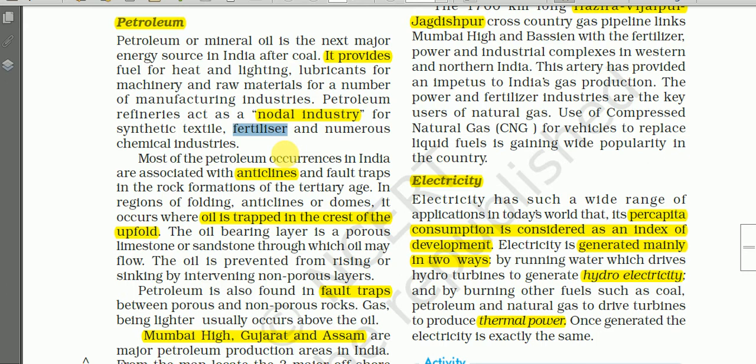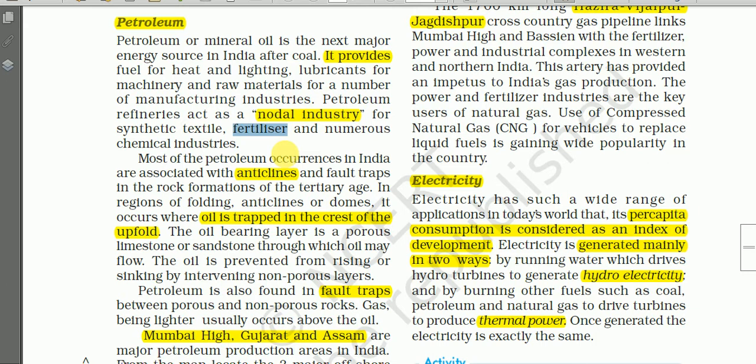Then we have elastomers, which are used in making synthetic rubbers. Another type of petrochemical is surfactants, which are used in making soaps, detergents, and other cleansing materials. And not only these, from the byproducts of petroleum we get so many other useful things.